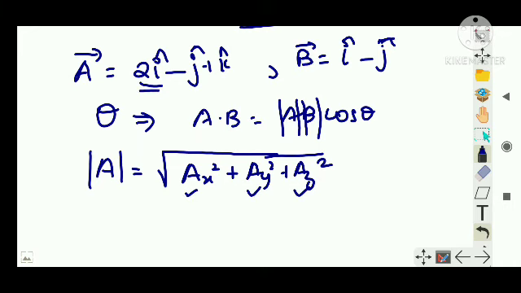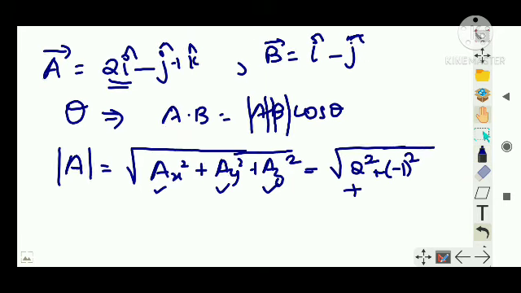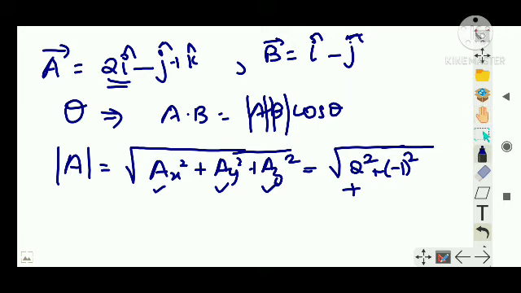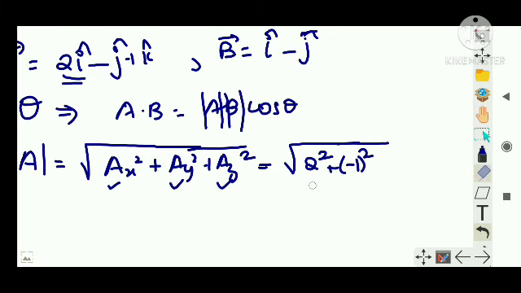What is coordinate of x? 2, so 2 squared. What is coordinate of y? Minus 1 squared, right? Plus what is coordinate of z? Plus 1 squared. Yeah, so you will get the answer as root 6.